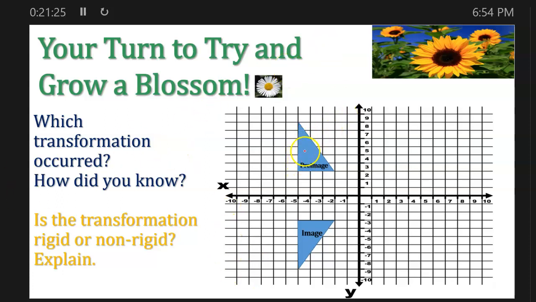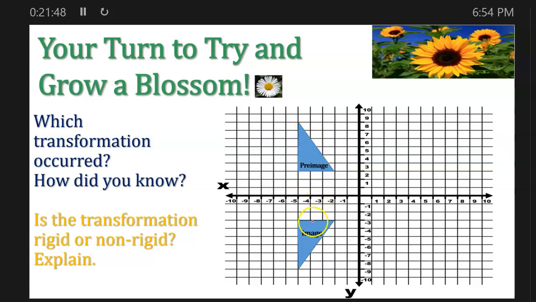Well, because this is the pre-image and this is the image, I know that a reflection most likely occurred over this x-axis. Because if you look at this, the three unit side here is now on the top of the figure, not the bottom of the figure. So this is the one that came first, the pre-image, and then the image is what came after.